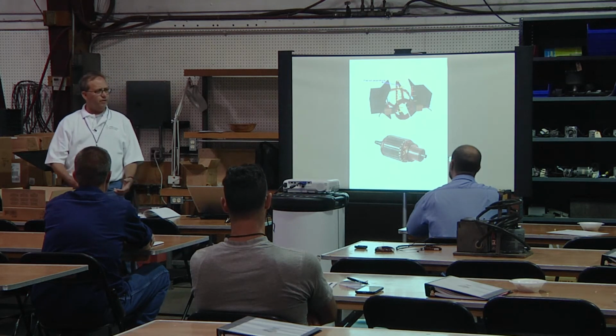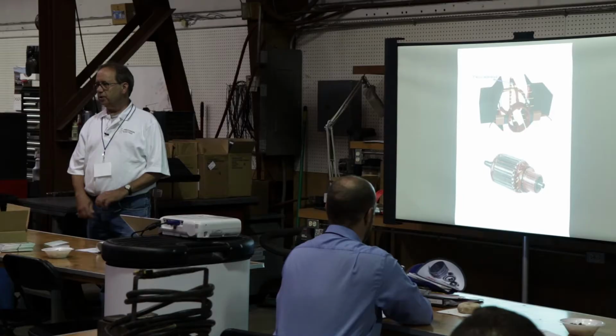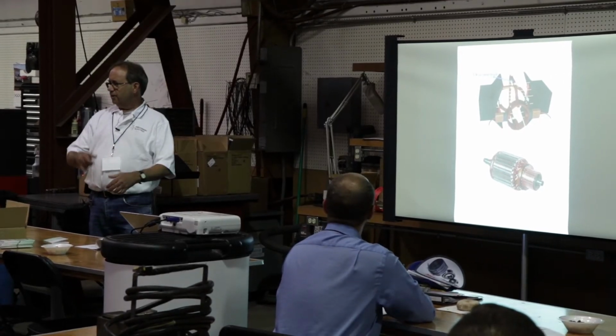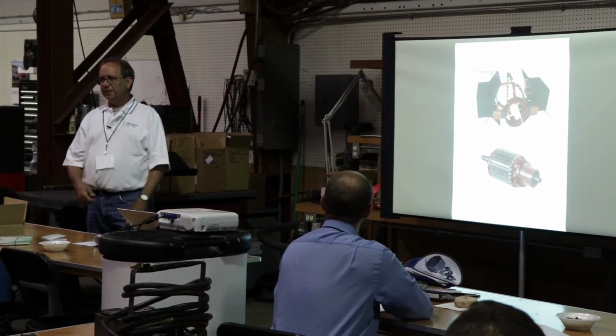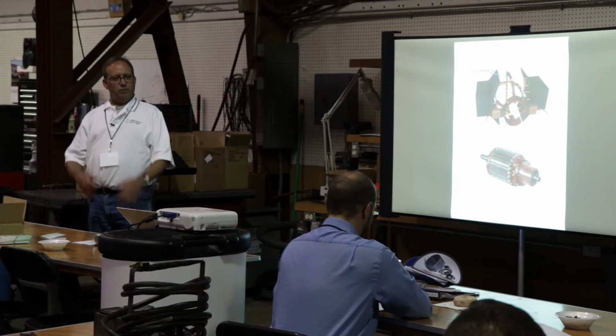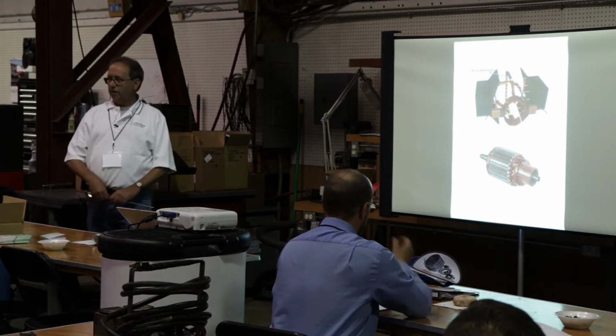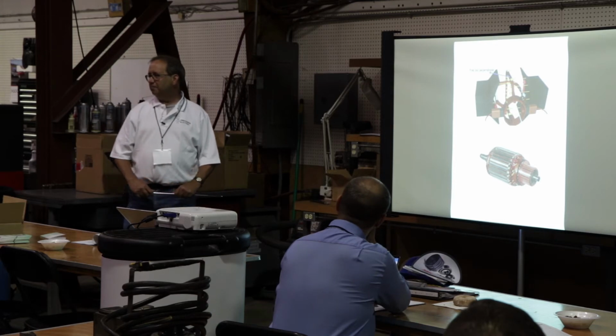You're down there on your belly trying to change brushes, so it's easier if you just spin that thing around. Then they tighten the brush rigging back up, turn it on, and all of a sudden there's a ring of fire around the comm.